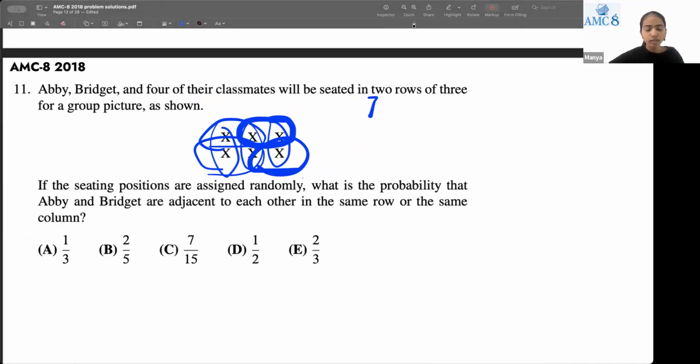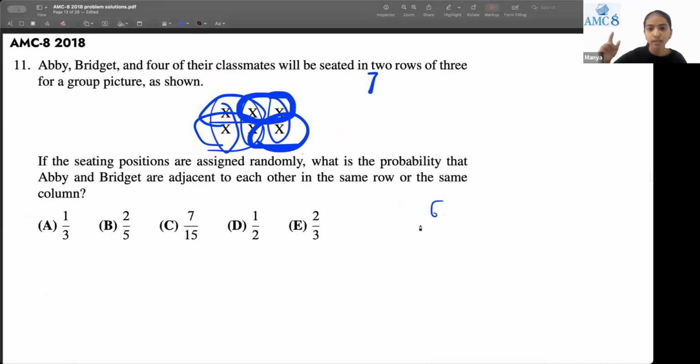And so now since there's 6 places and we're gonna have to choose 2 of them, then we can do 6C2, which is the same thing as 6 choose 2, and that will be giving us 6 factorial over 2 factorial times 6 minus 2 factorial. So that's going to be equal to 4 factorial.